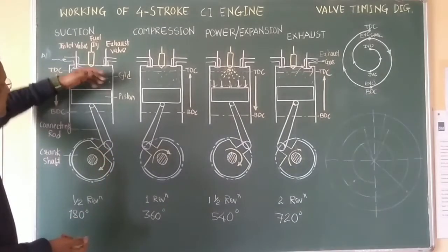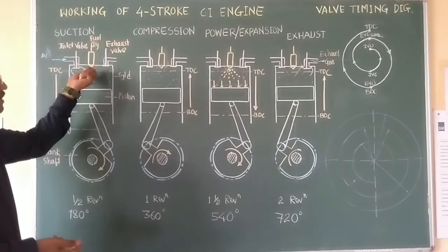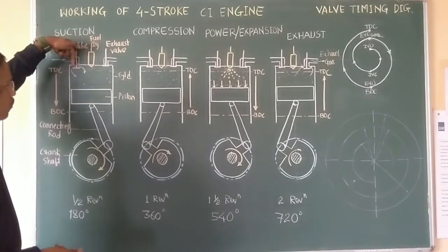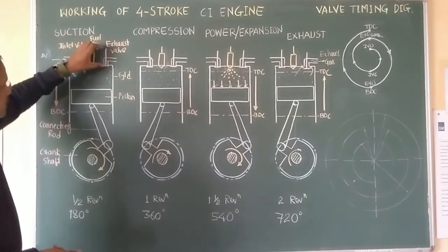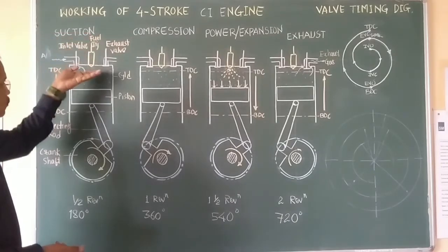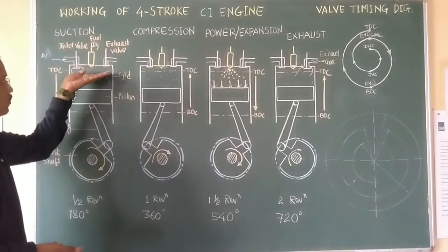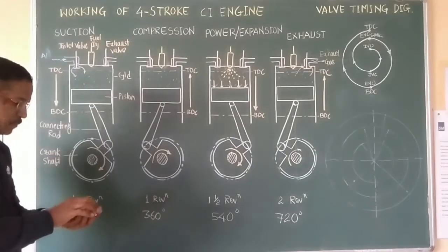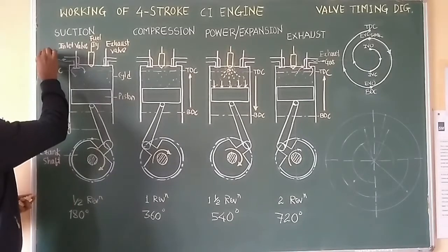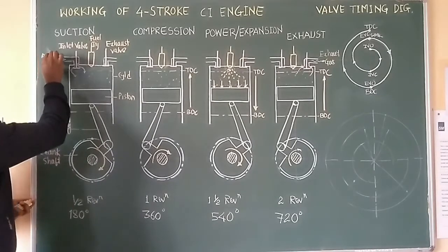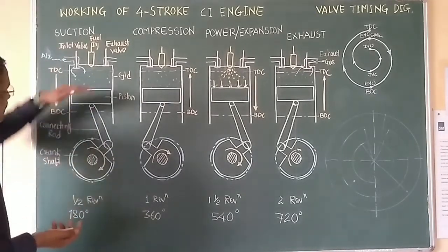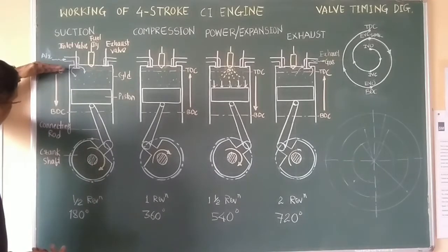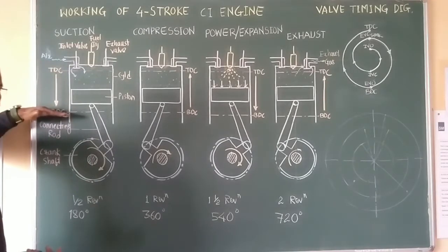Negative pressure is created. At the same time, with valve actuation, the inlet valve opens and the exhaust valve remains closed. So negative pressure, that is vacuum, sucks air inside the cylinder. This time only air is sucked inside the cylinder. And this suction continues till the piston reaches BDC.